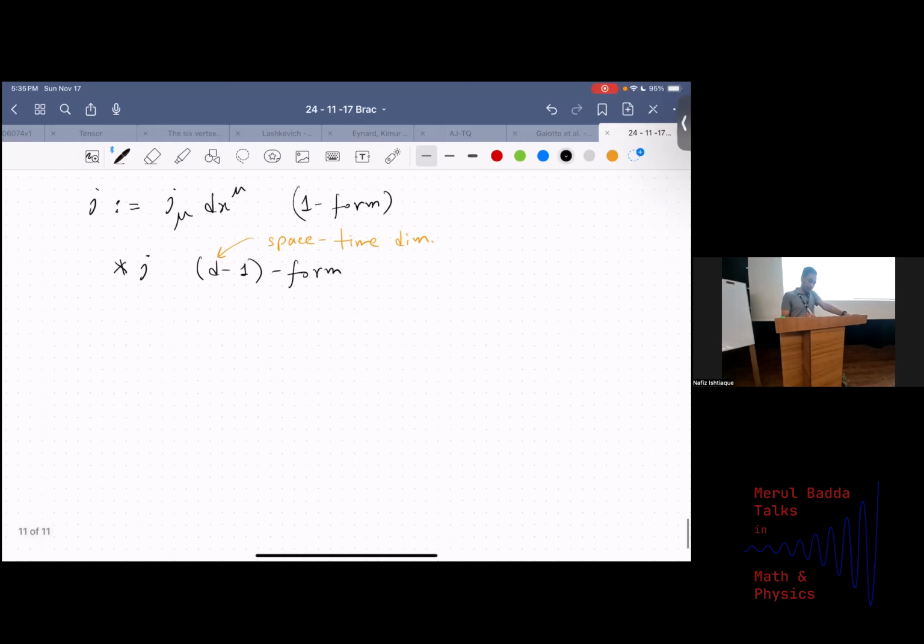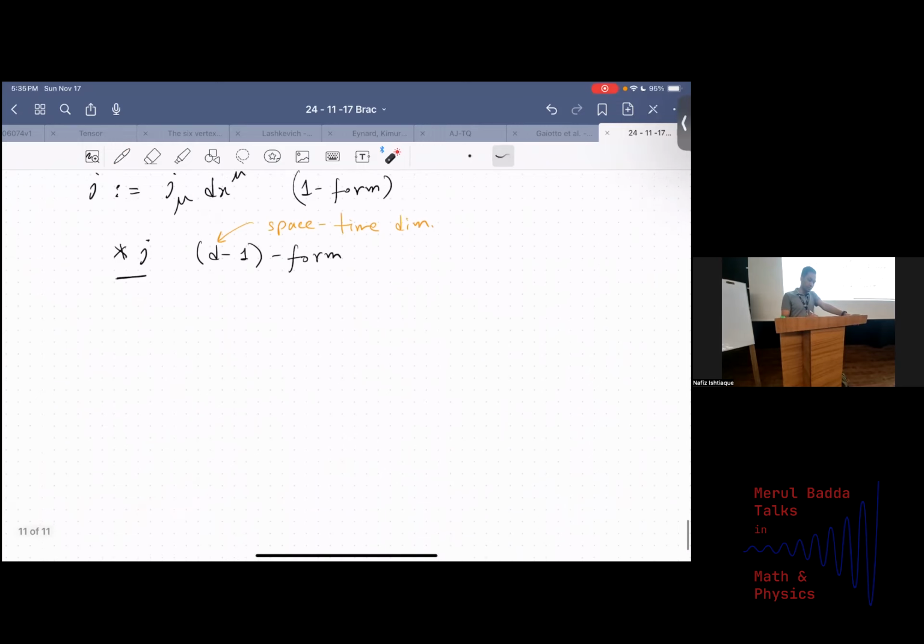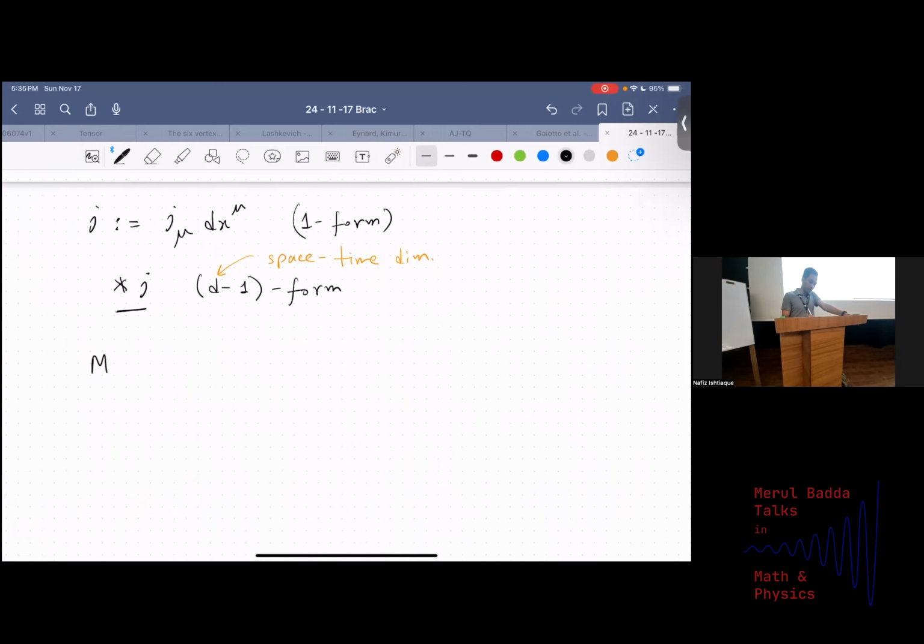Now, any d minus one form, you can integrate over any d minus one dimensional submanifold of spacetime. So in this case, we integrated something over S3. Similarly, let's say that M_{d-1} is a d minus 1 dimensional submanifold, and I'm going to take it to be closed.